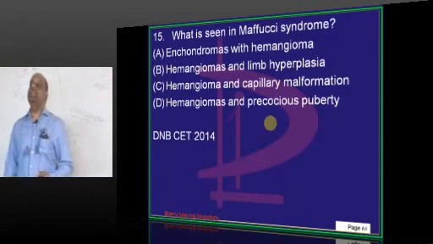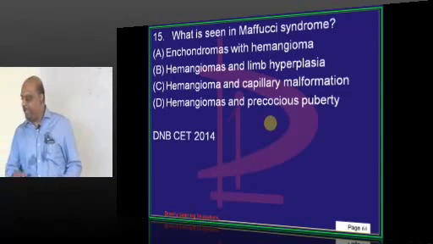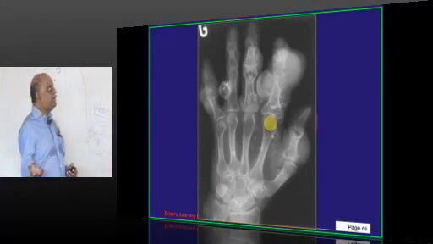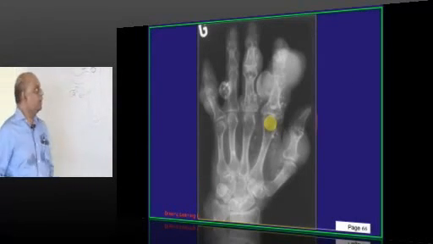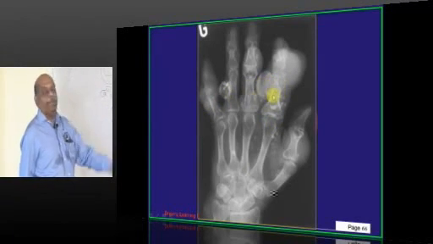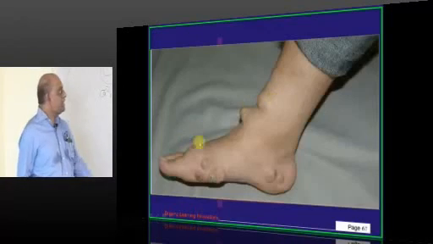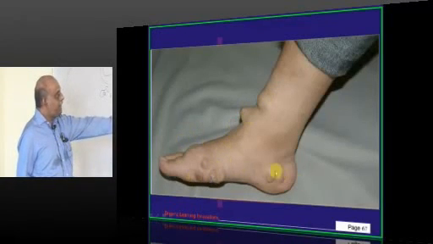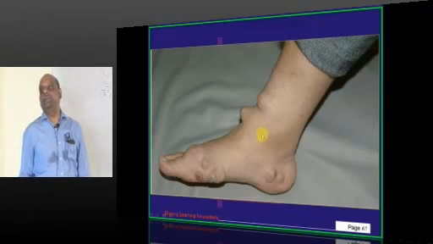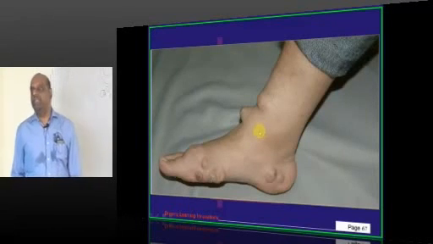So what is Maffucci syndrome? Maffucci is a combination of enchondromas with hemangiomas. So enchondromas are typically tumors of the phalanges, along with that you are finding hemangiomas. So this is a classical patient who has got multiple enchondromas like bony masses along with hemangiomas, a classical case of Maffucci syndrome.